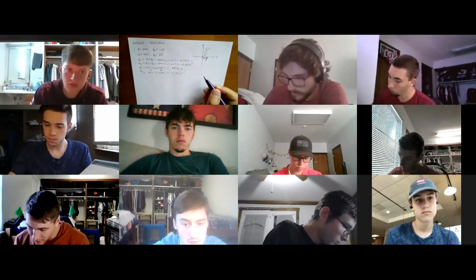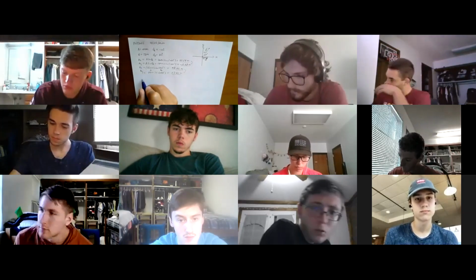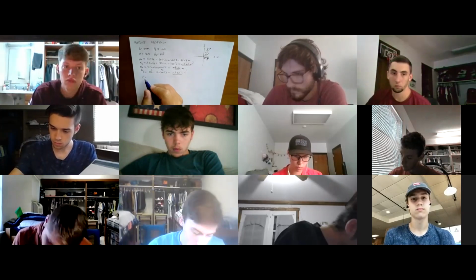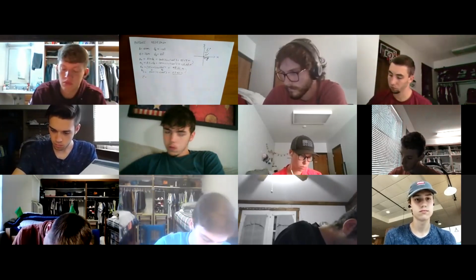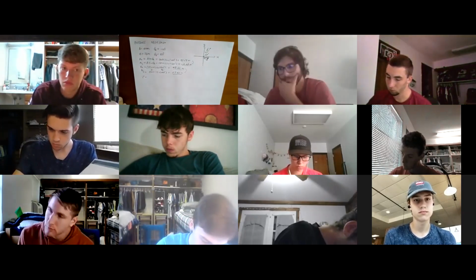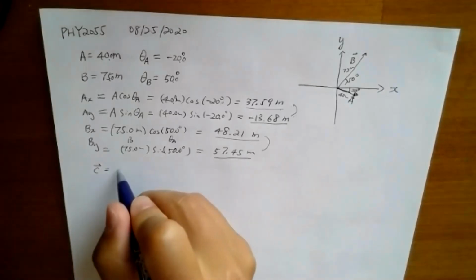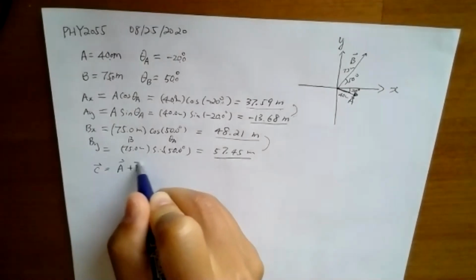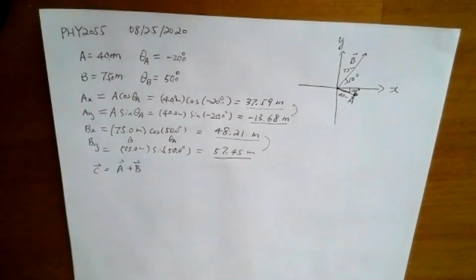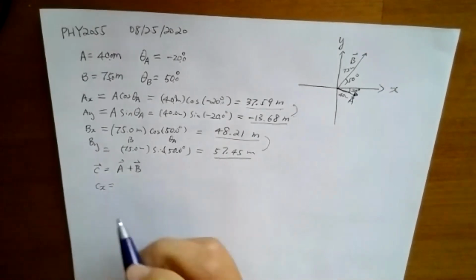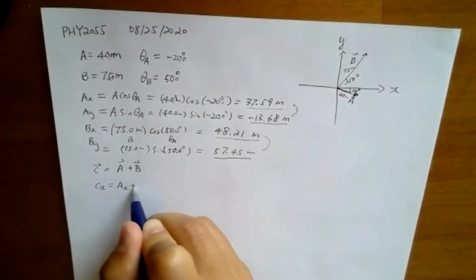Then for the new resultant vector C, I put the arrow on top. So C will be equal to A plus B. With arrows, that means vector addition, but I will be looking at the components. X components should be just Ax plus Bx.